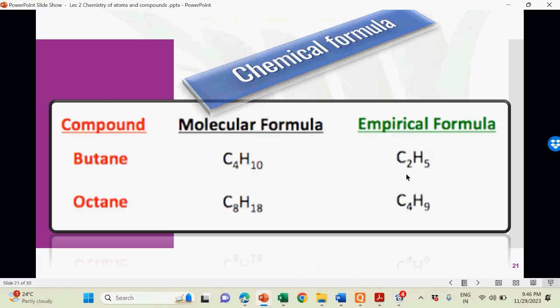But the empirical formula gives the basic, elementary proportion of the atoms. That means the ratio of carbon to hydrogen, 2 to 5, is the empirical formula. If you look at octane, which contains 8 carbon atoms and 18 hydrogen atoms, the empirical formula, the basic formula that represents octane, will be C4H9.